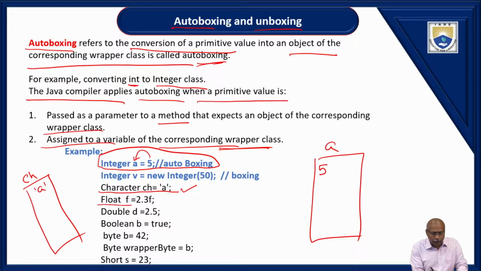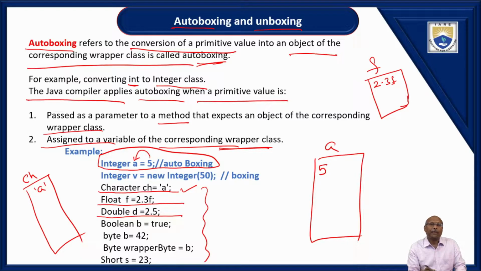Similarly, Float f = 2.3f. This is also one wrapping statement for floating point data. That means internally it creates an object f, and in the f object, the value 2.3f is there. Whenever you write this statement, it is called an autoboxing statement. These are all autoboxing, for every corresponding primitive data type. Similarly, Boolean b = true. Now b is what? It's an object.